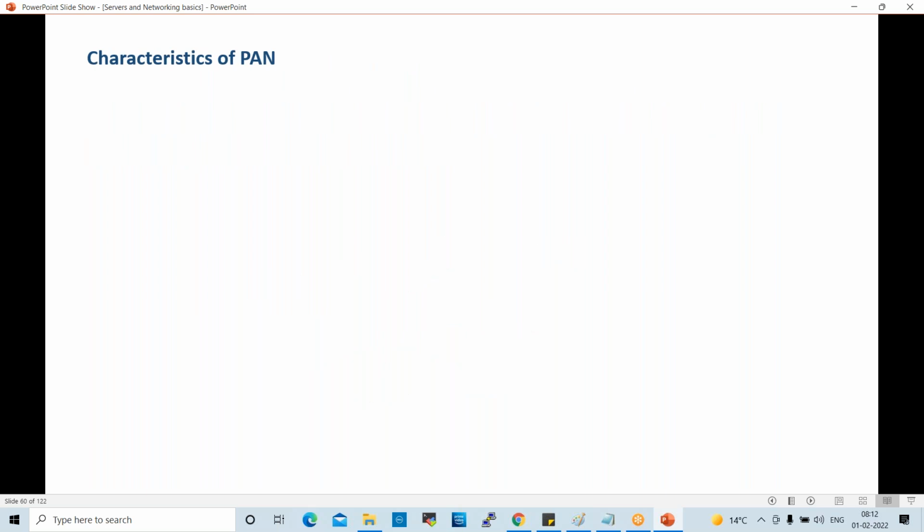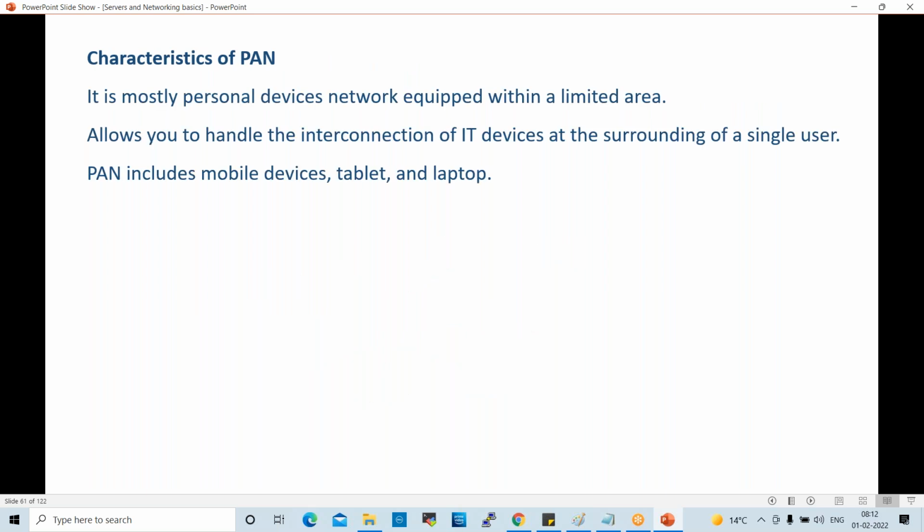Characteristics of PAN. The first one is that it is mostly a personal devices network equipped within a limited area. Within the floor, within the room, we can use that. It allows you to handle the interconnection of IT devices in the surroundings of a single user. PAN includes mobile devices, tablets, and laptops, right?